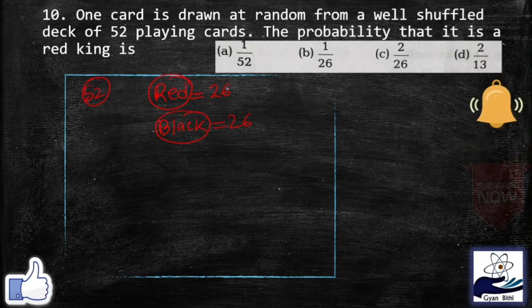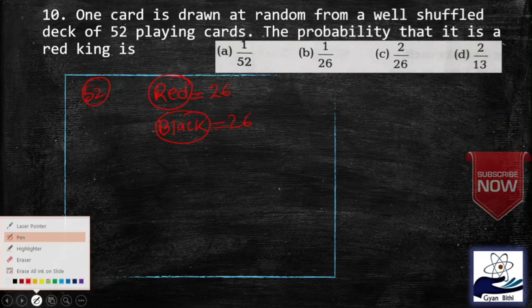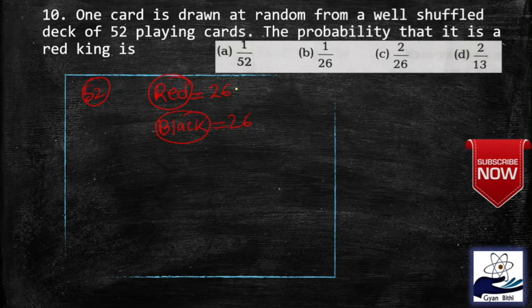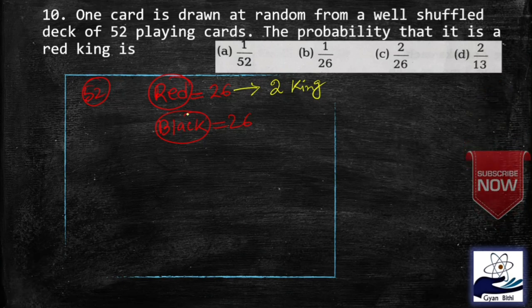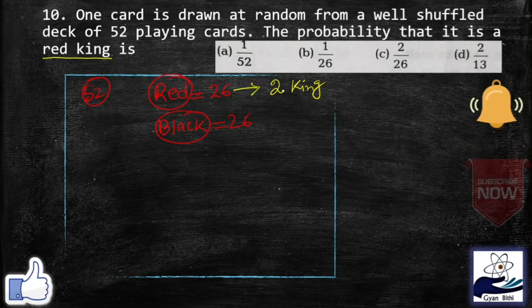Among these red cards, how many kings are there? You all know, 2 kings, because total kings are 4. So red king means only 2 kings.